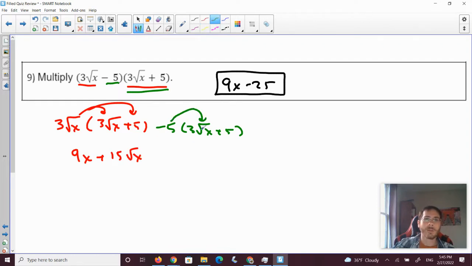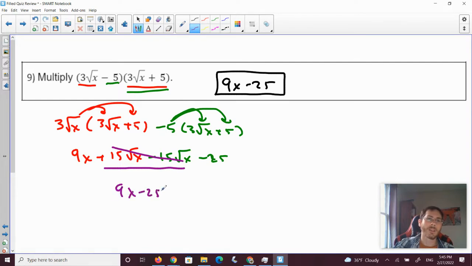Negative 5 times 3 square root of x is minus 15 square root of x. Negative 5 times positive 5 is minus 25. And so we can see that these two terms are equal to 0. So that leaves us with 9x minus 25. So you can do it either way. And I feel that it's a little bit faster to go this way. So that's the way that's easiest.